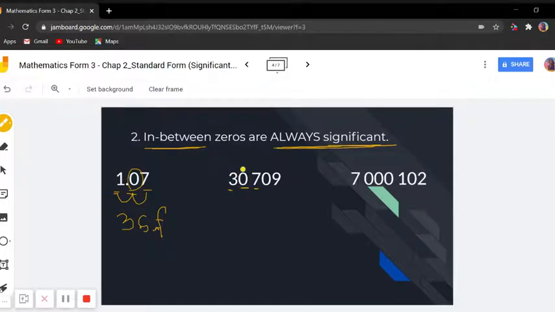This other zero is located in the middle of 7 and 9. 7 and 9 are non-zero numbers, so this zero is also significant. Let us count how many significant numbers there are: 1, 2, 3, 4, and 5. So there are 5 significant numbers here.